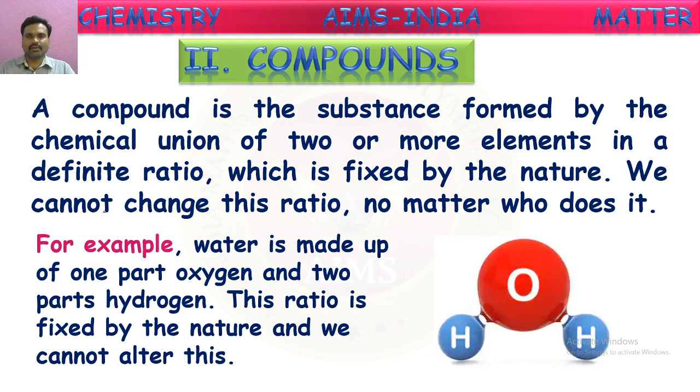This is fixed for water. However you form this water, wherever you collect or extract this water, the composition of water will always be H2O. So in that way, for a compound, the chemical composition is always fixed and the elements are combined chemically in a fixed ratio. We cannot change or alter this composition for a compound.